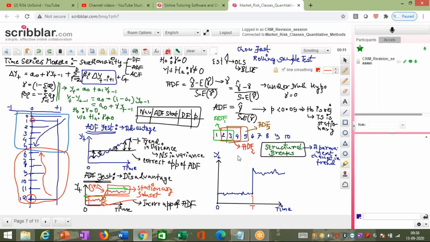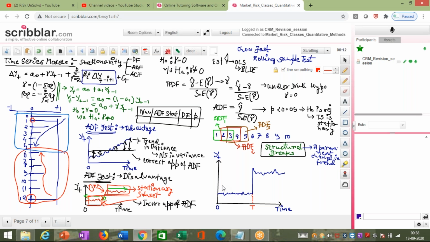Now the question that comes out is, how do I assess whether this is a non-stationary or a stationary series? If you take the whole breadth of the data, this entire horizon of the data, what will you see?